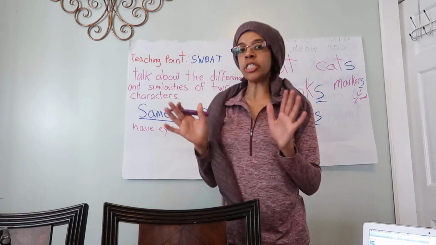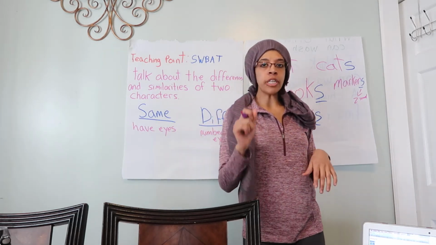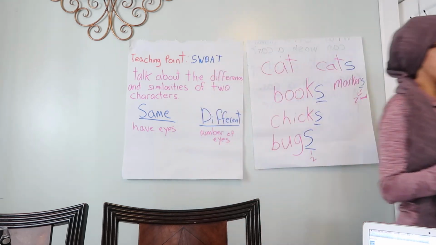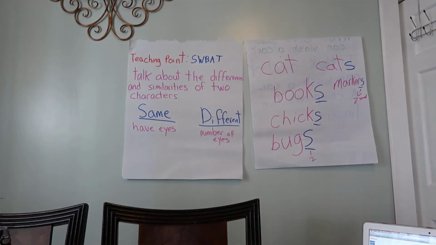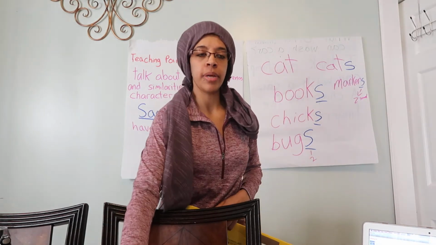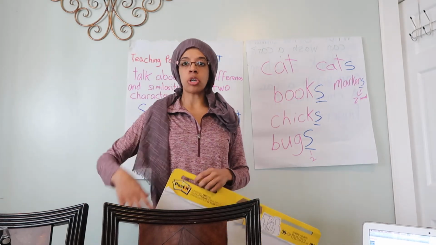Now, I want you to make this list because tomorrow, when we reconnect again, I'm going to show you something called a Venn diagram. Now, boys and girls, a Venn diagram is a graph or a diagram where two circles come together.